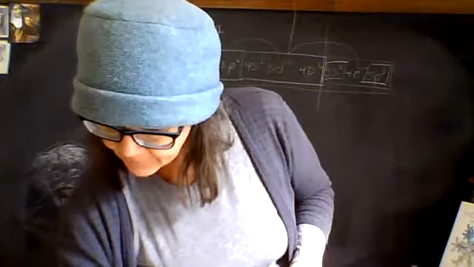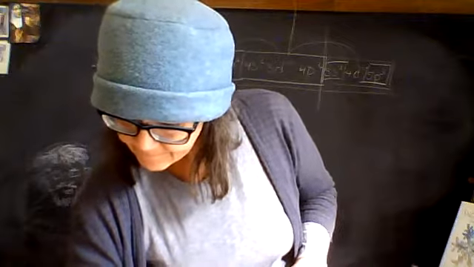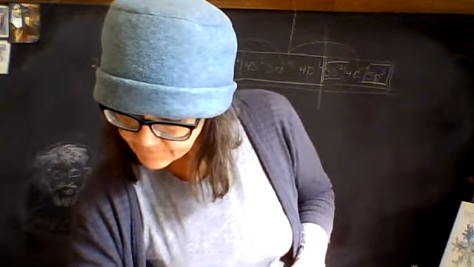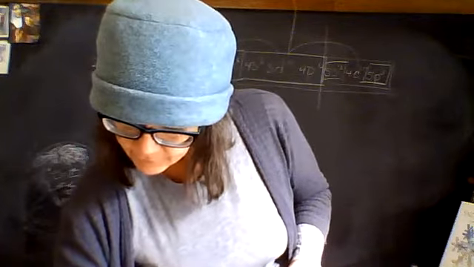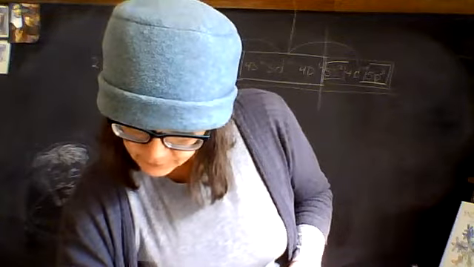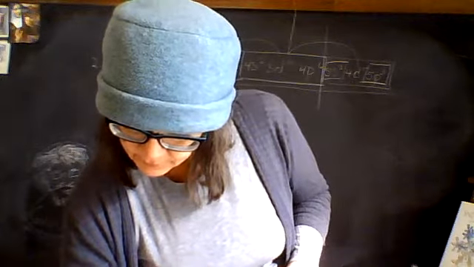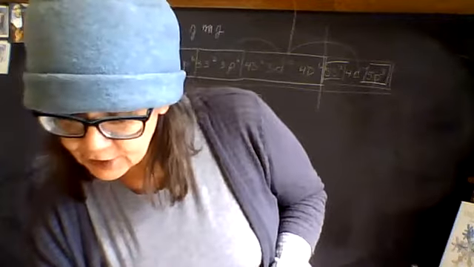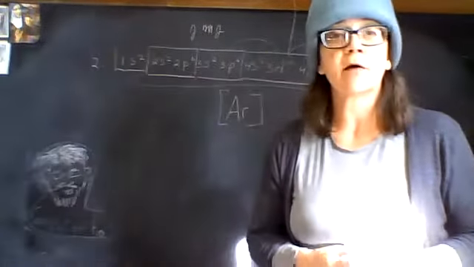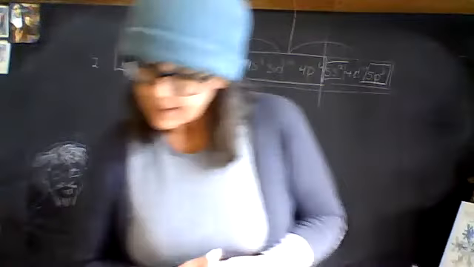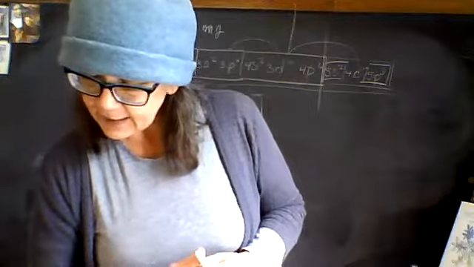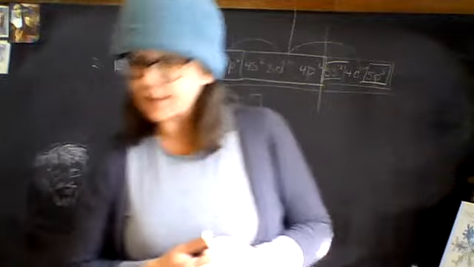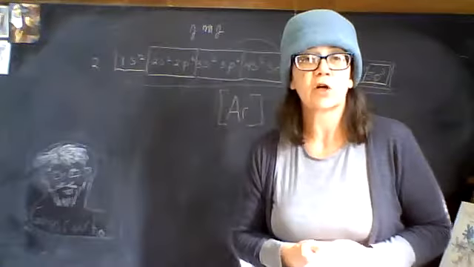Number 6. Can you please read that? What is the difference between an atom and an ion? You can see the definition of an ion on page 253. It says, an ion is an atom that has gained or lost electrons and thus has become electrically charged.